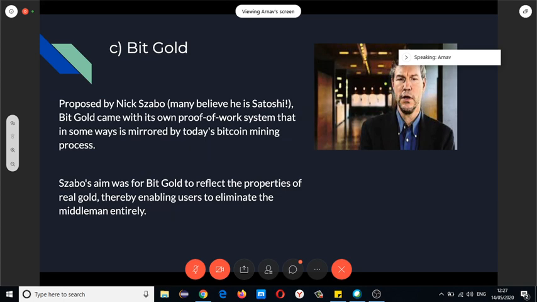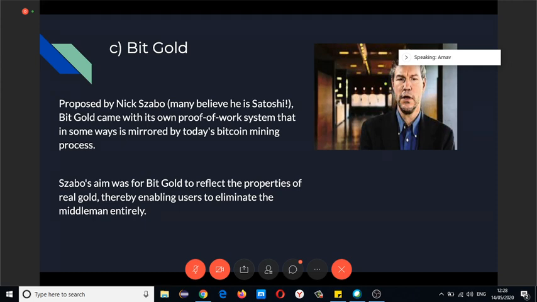Many believe he was Satoshi, but he has a very interesting background in the sense that he is a lawyer. He has a background in law, mathematics, and computer science, but he was not much of a developer, as in he was more on the research side of things, and that's one of the reasons that BitGold, from what I remember, didn't have that much of a code base compared to say Bitcoin.